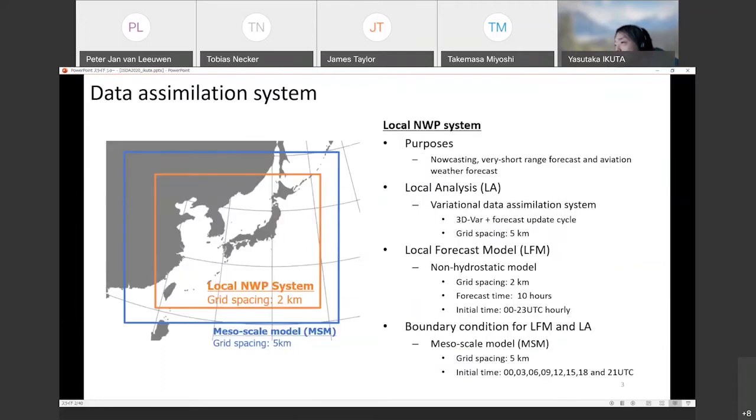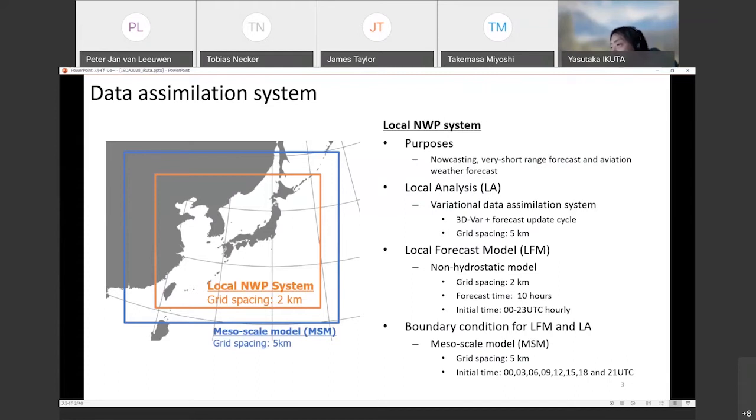So I'd like to explain the data assimilation system used in this study. I will use the local forecast model called LFM, operated by the Japan Meteorological Agency. The purpose is nowcasting and aviation weather forecasting. The simulation method is a combination of 3D-Var and a 1 hour forecast cycle.